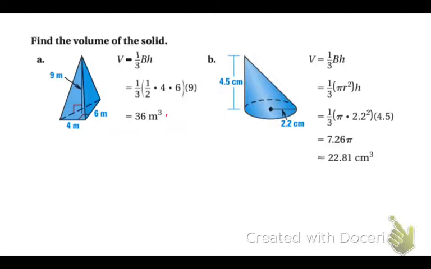let's look at B. So B is a cone, but it's slanted off at this angle, right? It's not vertical. So what do we do? Well, same thing that we did for the triangles that were not right triangles.